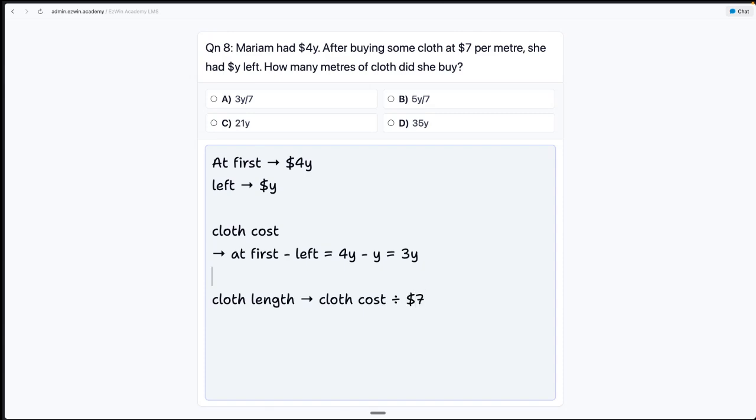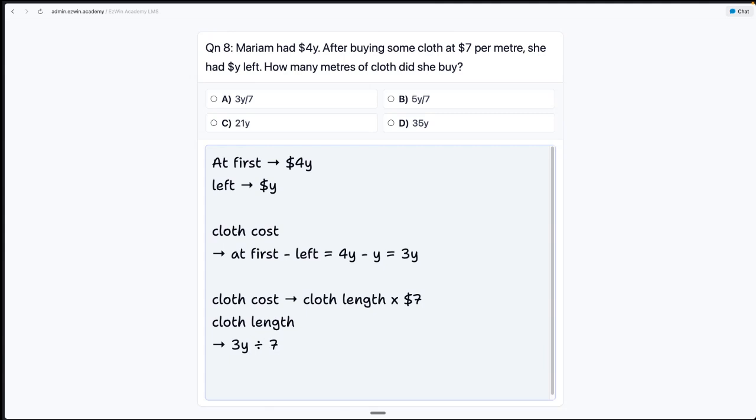Okay. So because the cloth cost is equal to cloth length times the rate, which is $7, if you were to reverse it, it will look something like this. Okay, so from here we can just find out how much the cloth length is. It's 3Y divided by 7.